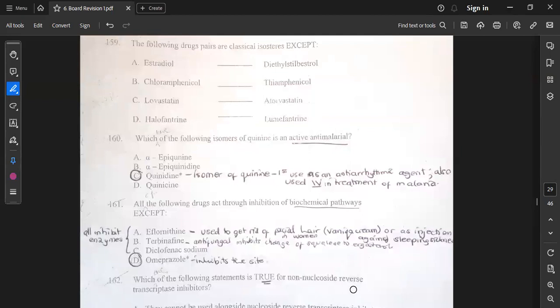Then for differences in the affinity to cause mitochondrial toxicity, NRTIs have low affinity for DNA polymerase alpha and beta, but high affinity for DNA polymerase gamma. DNA polymerase gamma is the one responsible for mitochondrial toxicity.